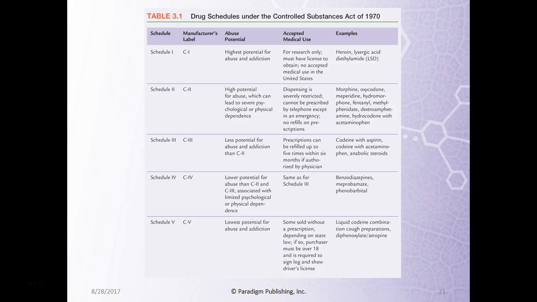In most states, according to federal law, C5s have the same prescribing as a regular legend drug. C3s and C4s, the prescription is only valid for 6 months, and they have a maximum of 5 refills. C2s, there's no refills.